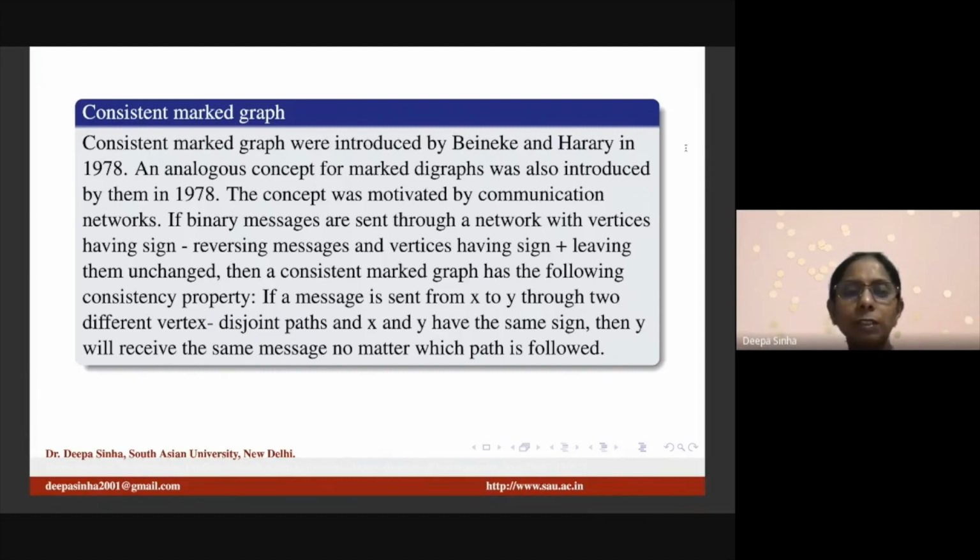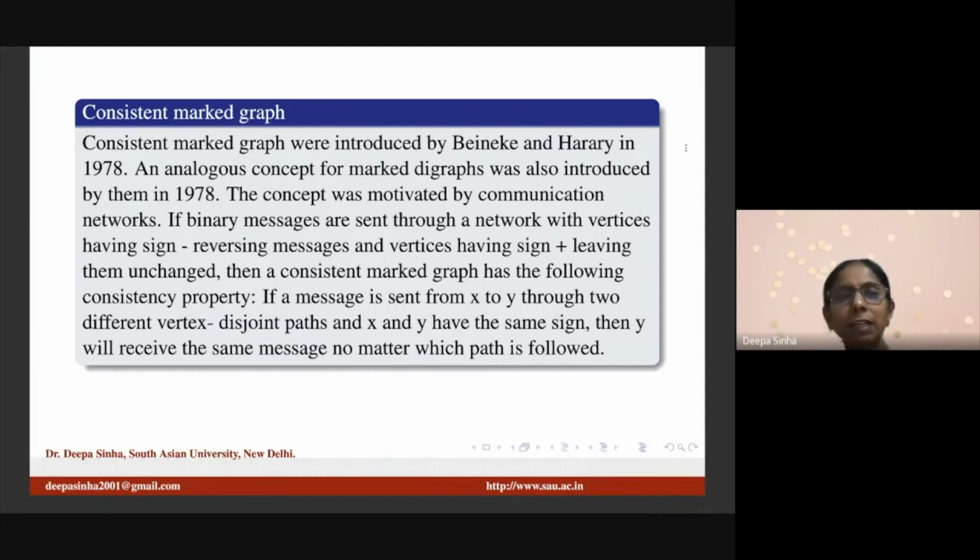Okay. So the consistent mark has the following consistent property, that all the cycles will have an even number of negatively marked vertices. So balance, you have studied that all the cycles will have an even number of negative edges.